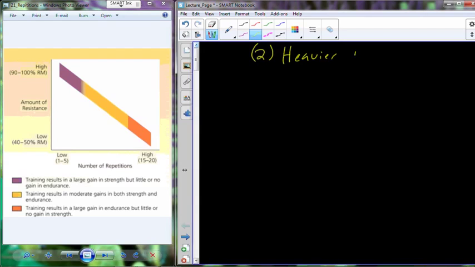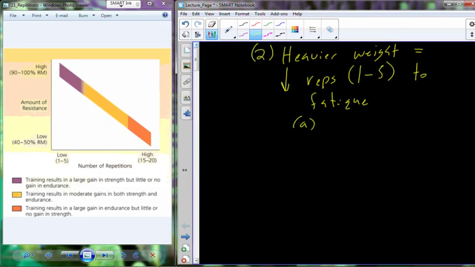So heavier weight, more of the strength training type exercises, is going to be a lower number of reps, 1 to 5 reps to achieve fatigue. Again, this is the program to build strength.